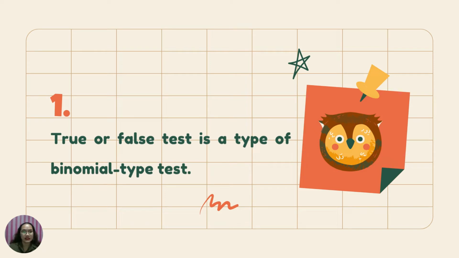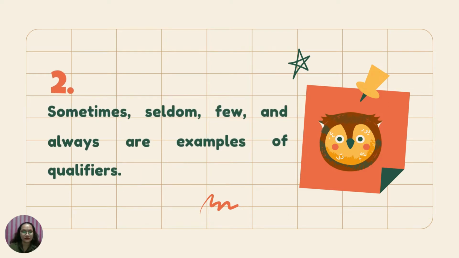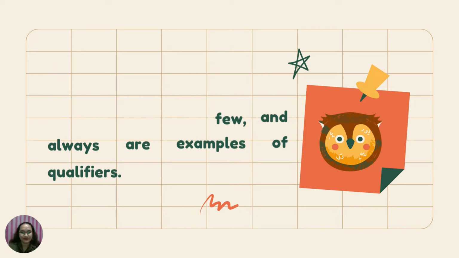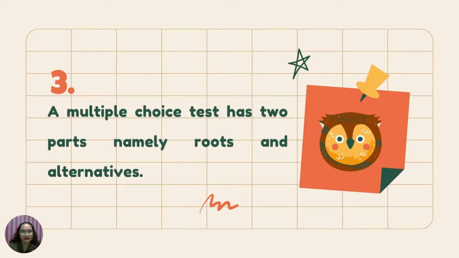The first question is, true or false test is a type of binomial test? T or F? Next. Sometimes, seldom, few, and always are examples of qualifiers. Number 3.